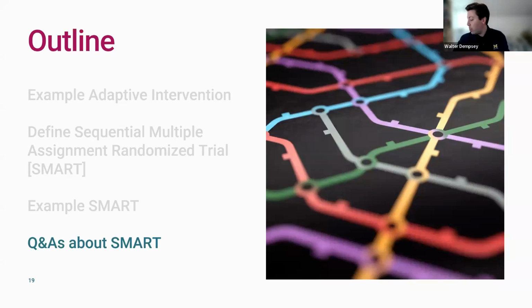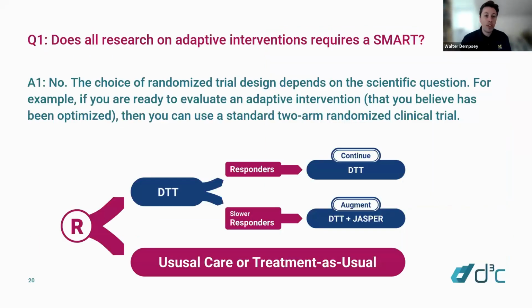Sort of facilitating Q&A again, a question I often get is, does all research on AIs require a SMART? So every time people bring up AIs, meaning I want to design an adaptive intervention, they automatically assume I need to run a SMART trial. And that's just not the case.